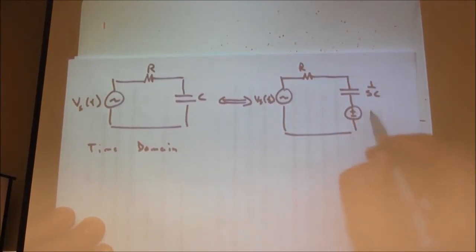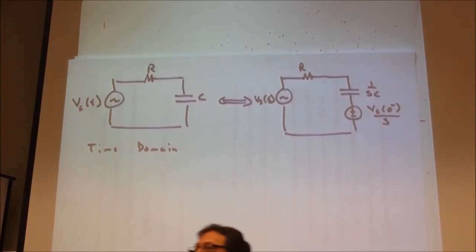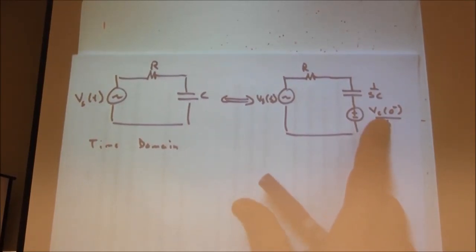And there's our initial condition term. So our circuit analysis has to include this other source, this initial condition source. And so that's the equivalent circuit more generally. It's the full equivalent. If this is 0 initial conditions, well, VC 0 minus is 0. What's a voltage source at 0? Essentially a short circuit. And we go back to the simpler case.